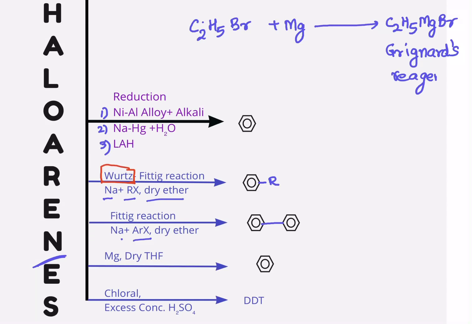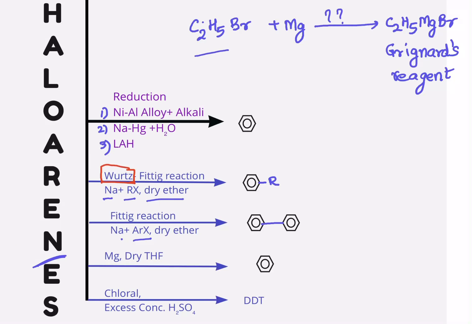I have missed out something in this reaction. Absolutely. What is the condition of this reaction? Go ahead, find the condition of this reaction for me. I'm not giving it to you. We've already discussed it under the properties of haloalkanes, right?